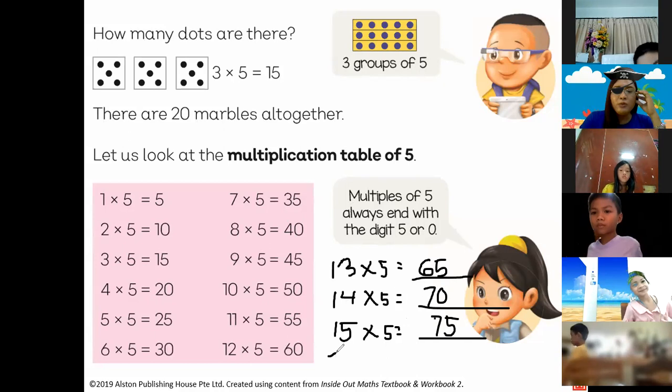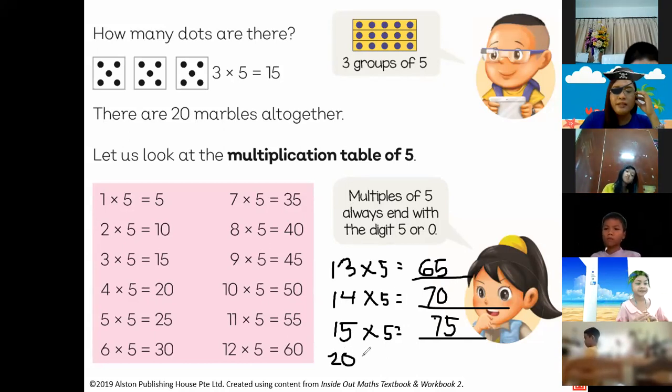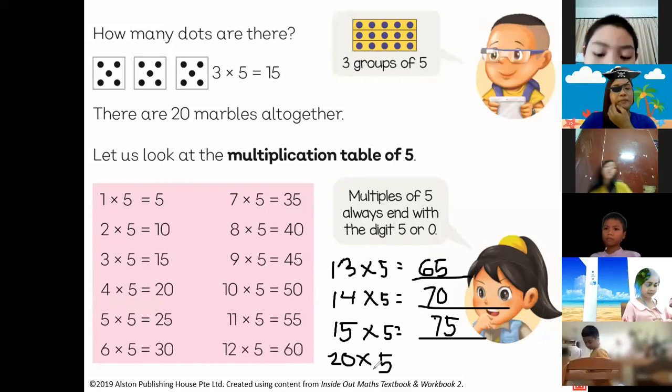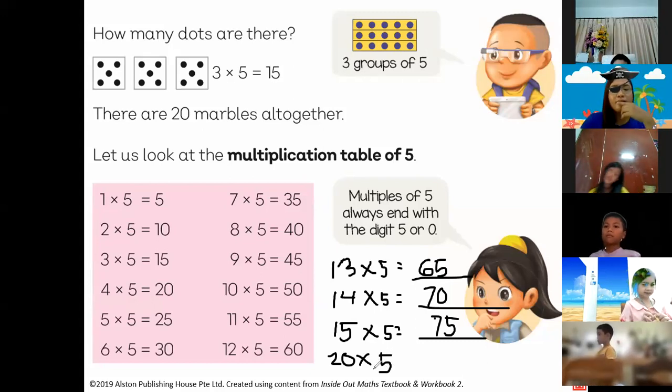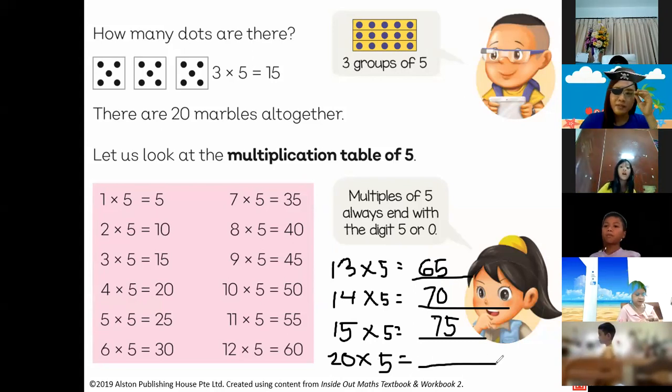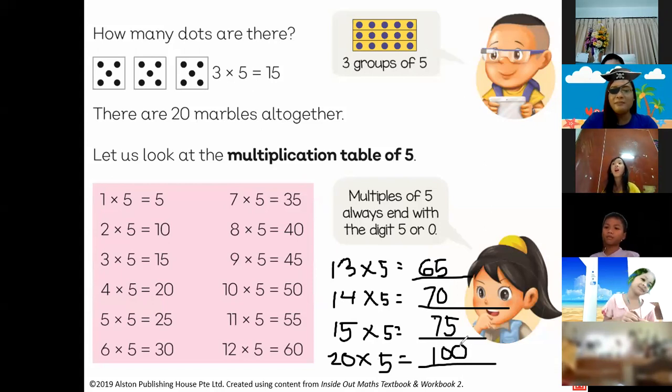What about 20 times 5? 100. Okay, good job. So you just have to add 5, right?